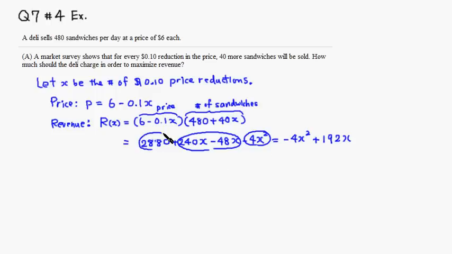Then you have plus 2,880. So we have a revenue function.